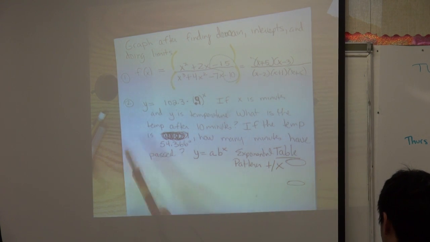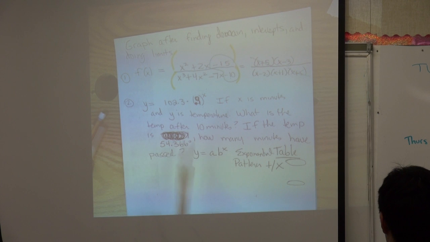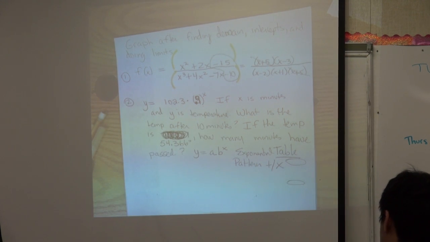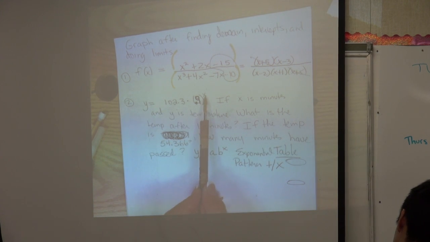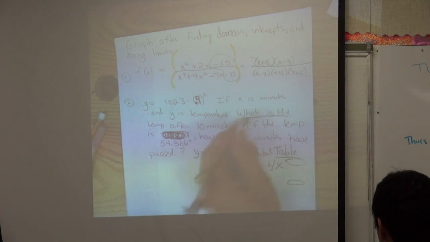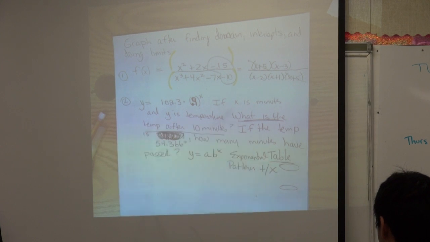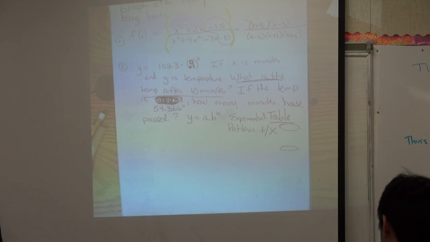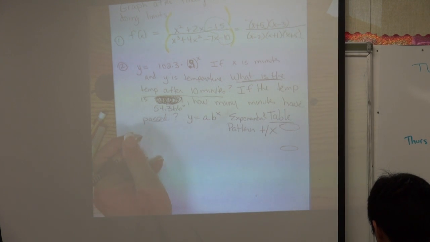So if you went through all the steps and you were able to find your equation, and x happened to stand for minutes, and y happened to stand for temperature, if you were asked the question, what is the temperature after 10 minutes, that means that you need to find, Henry, which variable?